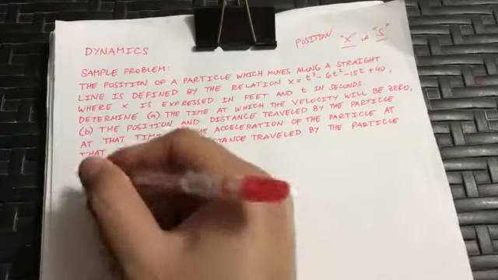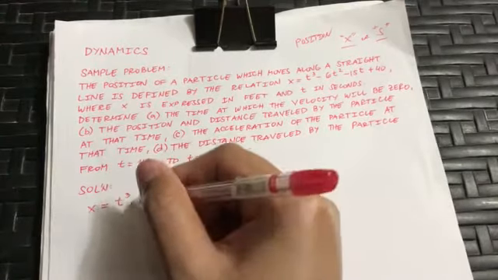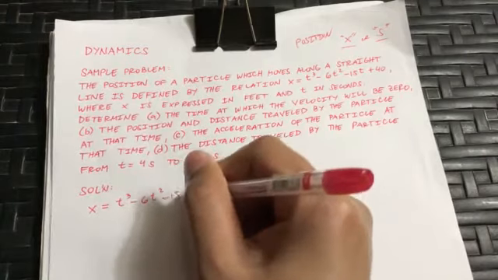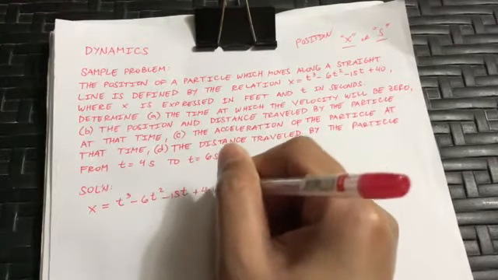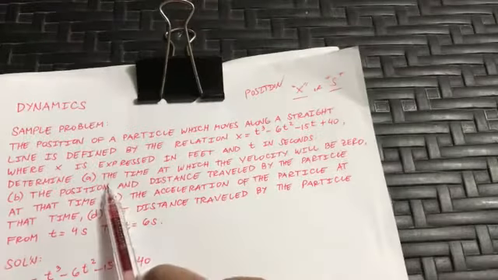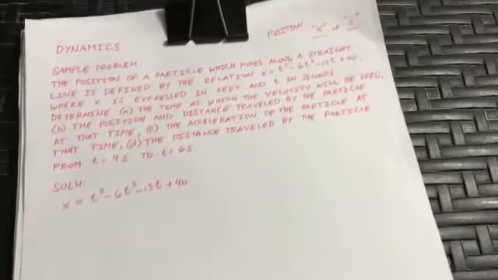So, we'll begin with what we have. We have the equation x is equal to t cubed minus 6t squared minus 15t plus 40. The first question is the time at which the velocity will be 0.